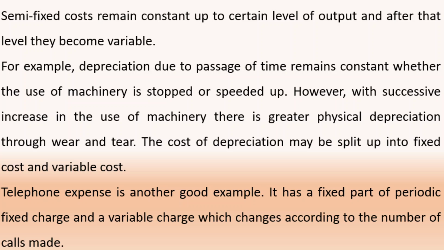The cost of depreciation may be split up into fixed cost and variable cost. Telephone expense is another good example. It has a fixed part of periodic fixed charge and a variable charge which changes according to the number of calls made.